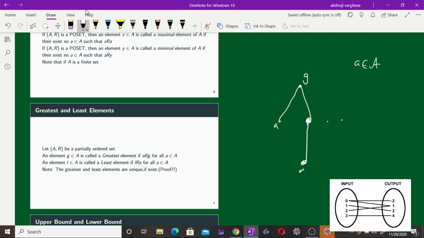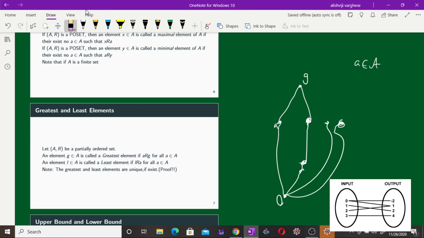And in that case, G is called the greatest element, and an element L is called the least element if for any element A taken from capital A, L is related to A. L is related to any other element in the underlying set A. In that case, L is called the least element.